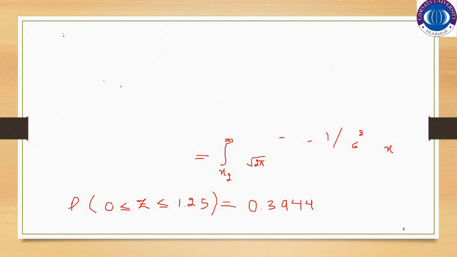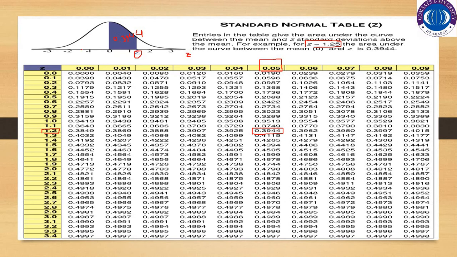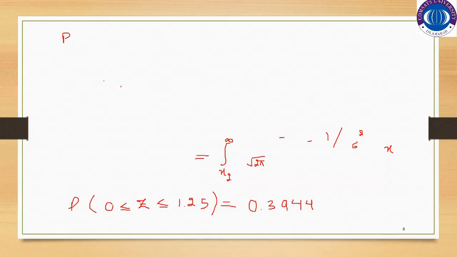Now, in this case, this will be probability. If you concentrate on the graph, minus 1.25 will be somewhere here. So you want to find out this area. How will you find this?